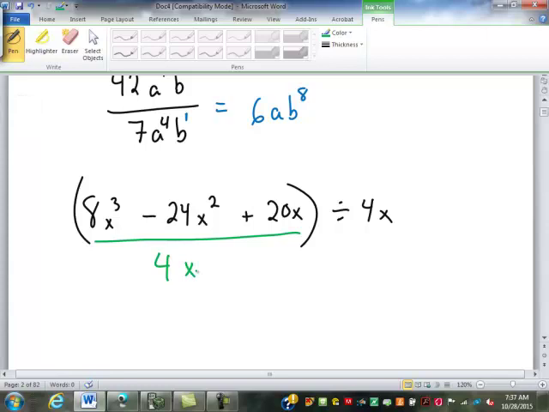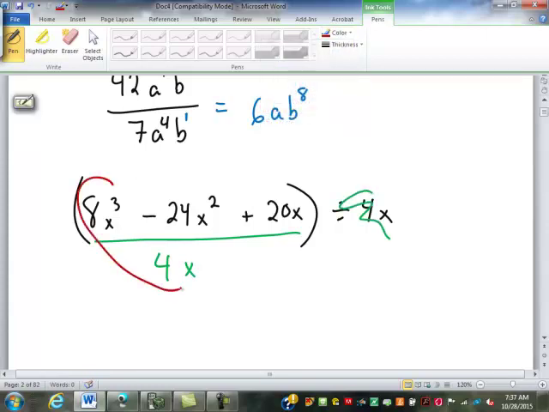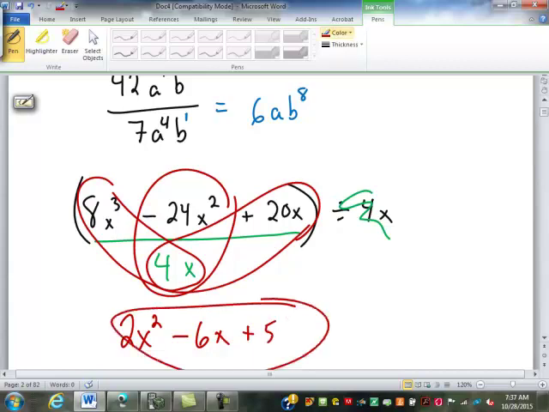Same thing. So now, 8x to the 3rd divided by 4x. Well, what's 8 divided by 4? 2x squared. Negative 24x squared divided by 4x. Minus negative 6x. Good. And 20x divided by 4x. Positive 5, so plus 5. So there's our result. All looking familiar?